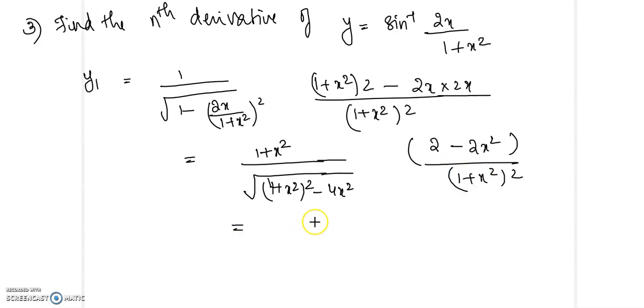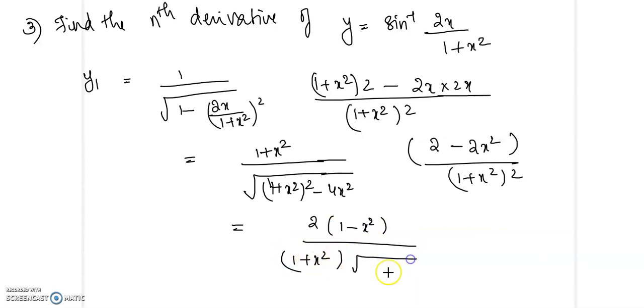So that will be 2 into (1 minus x square) by (1 plus x square). Now here you have root of (1 minus x square) whole square. So we are going to get 2 by 1 plus x square.